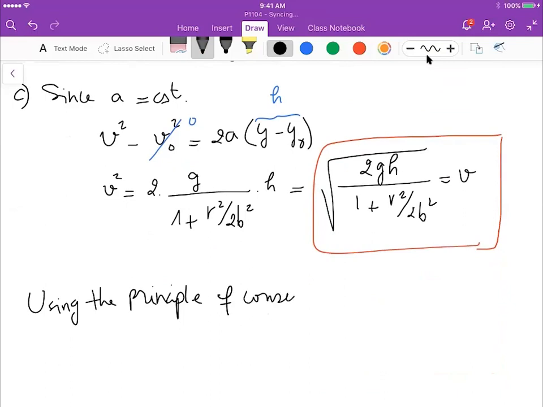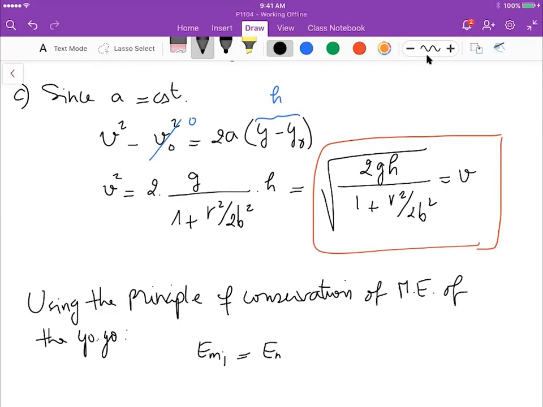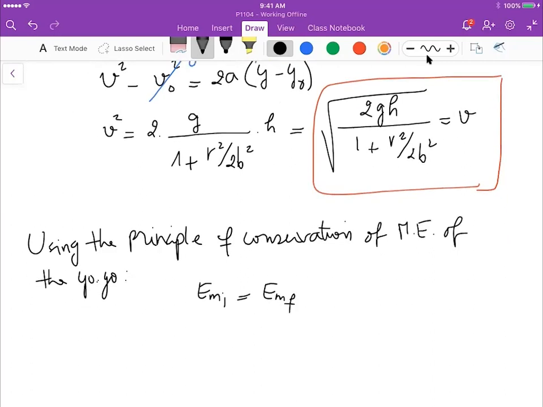Because there is no slipping in this system, mechanical energy of the yo-yo is conserved. We can then write down that the mechanical energy at the initial moment is equal to the mechanical energy at the final moment. And so therefore, K initial plus U initial is equal to K final plus U final.